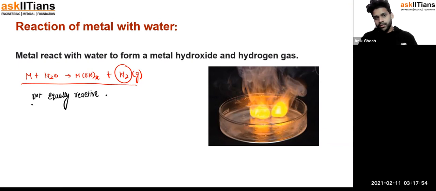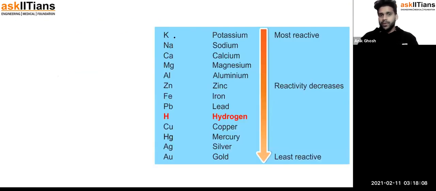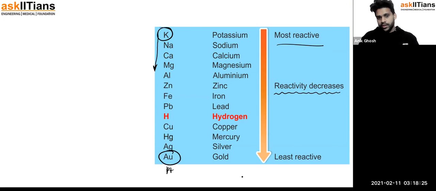So the reactivity of the metals changes, and with respect to that, the reaction occurring over here is also changing. There is a preference you can see over here. As we move from top to bottom, the reactivity is decreasing. So this one is the most reactive, potassium, and silver over here, and platinum beneath it is going to be the least reactive.